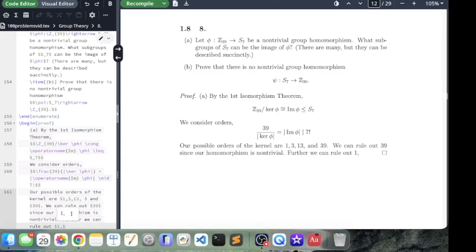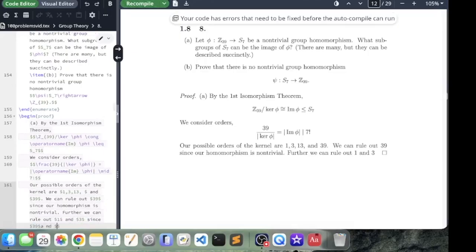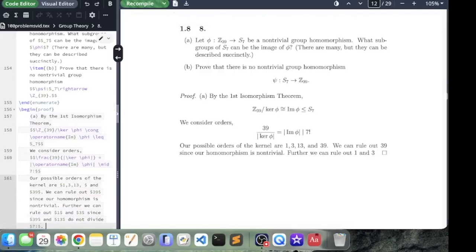We could also rule out 3 because 13 does not divide 7 factorial. And that leaves us with just 13, since 39 divided by 13 is 3, which definitely does divide 7 factorial. Hence, the order of the kernel of phi is equal to 13.